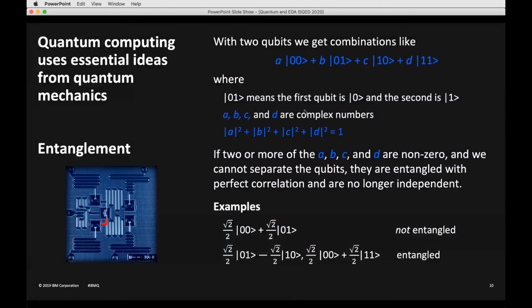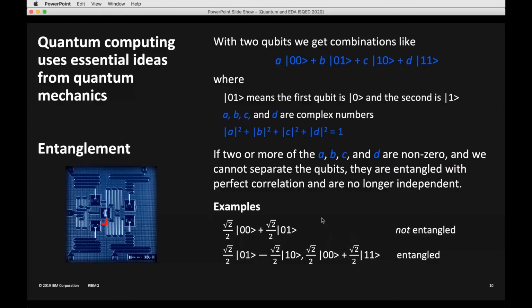So in the case that 2 or more of them are non-zero, and we cannot separate out the qubits, then they are entangled in a perfect correlation. For example, this state is not entangled, and each of these two states is entangled.